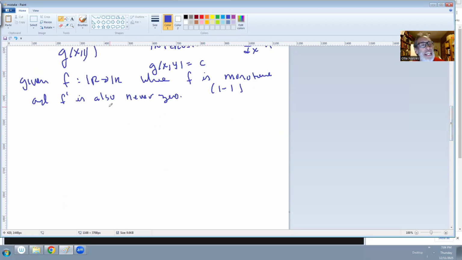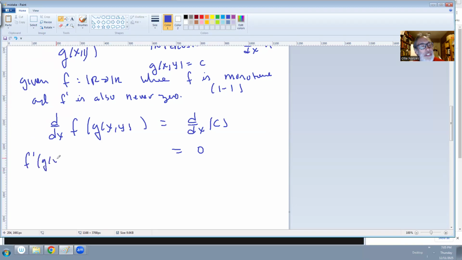Then if you wish to take d dx of f of g of x, y equals d dx of this constant, well, the right-hand side is 0. If you take this, what you get by the chain rule, because remember, this is a single variable function, you get f prime of g of x, y.